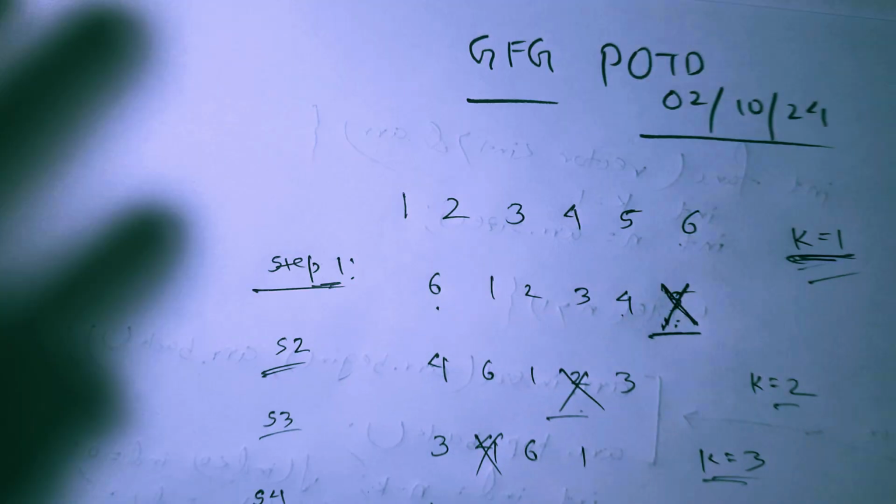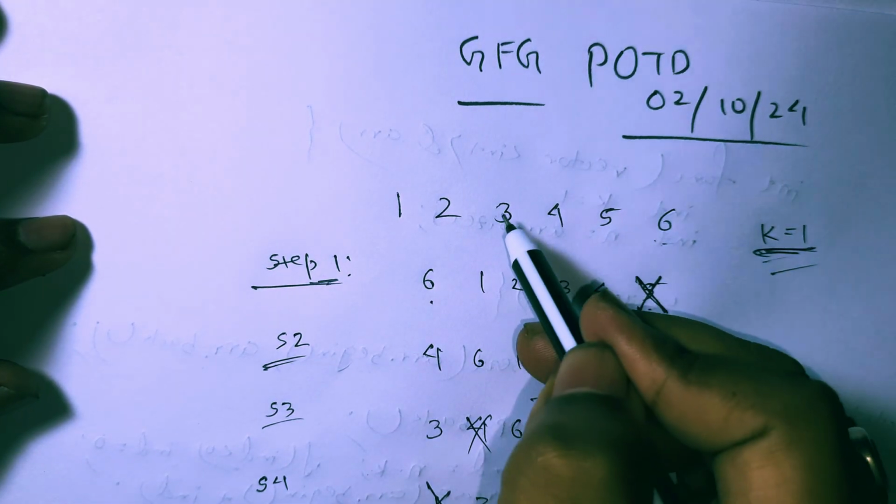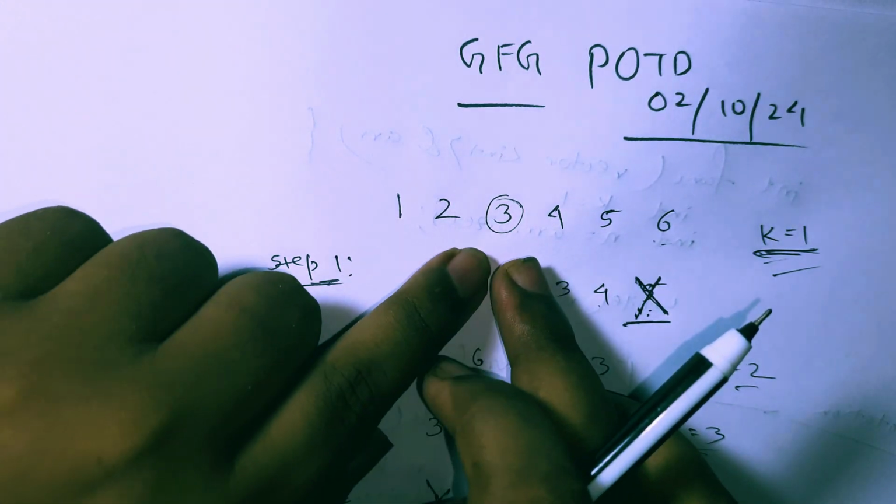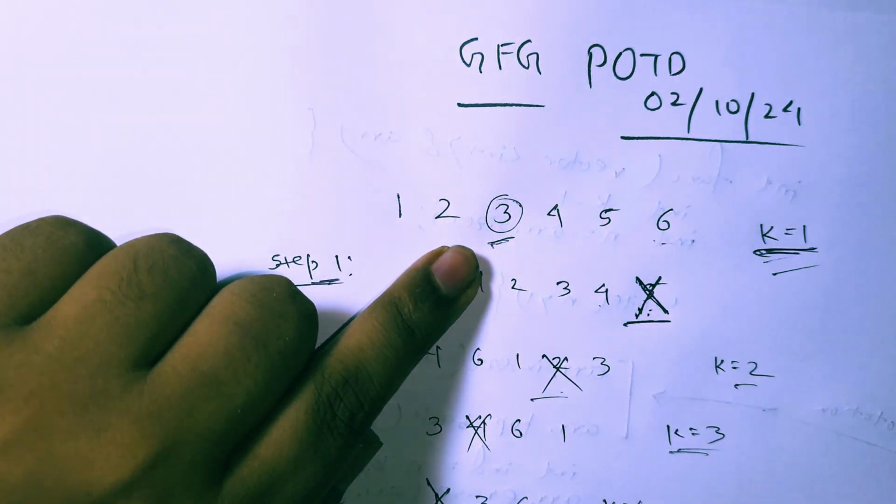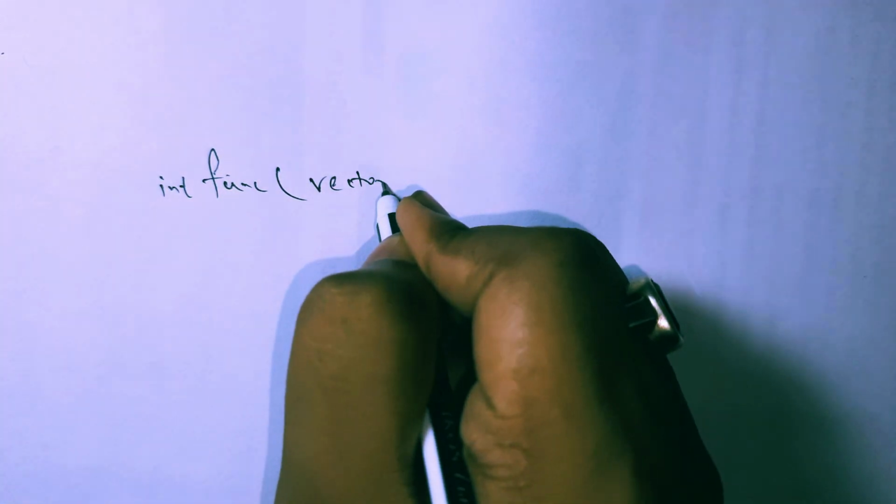So what is the solution? After checking all the patterns, like if my array size is even, then every time this kind of element becomes my answer.